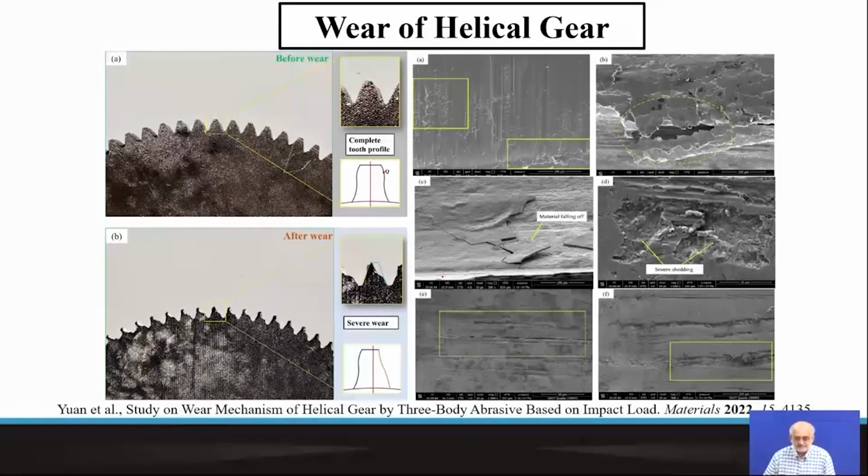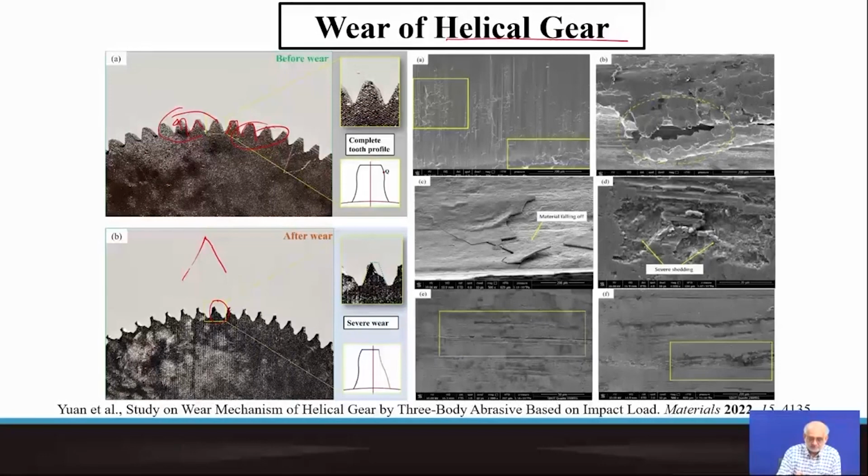So like we are seeing here, say for example, this helical gear component, we have the gear teeth, and these gear teeth in the pristine condition are able to maintain perfect geometry, exactly like this. But after a certain amount of exposure to the service condition, we see a fair amount of damage of the surface.